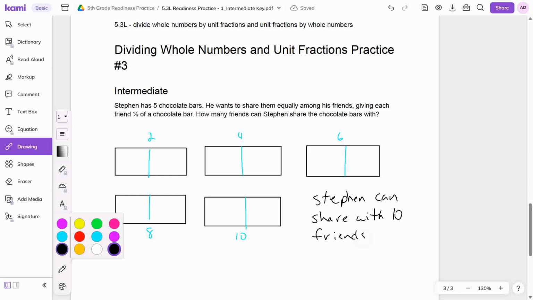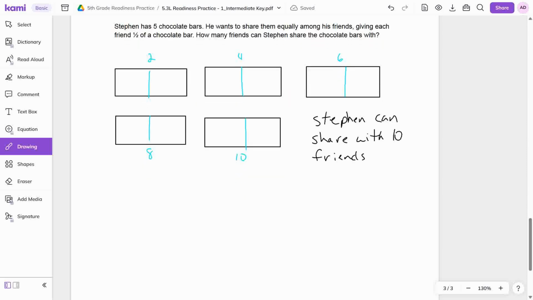Now, what we did was we took our 5 and we divided each of those 5 chocolate bars into 1/2 pieces. And we can also think of it as the inverse. So what's the inverse of division? It's multiplication. Take our 1/2, and we flip it upside down, you get 2 over 1, which is really just 2, and you're going to get 10.